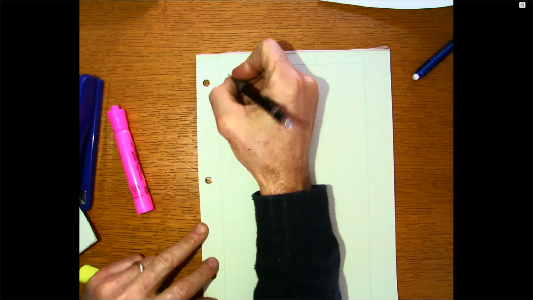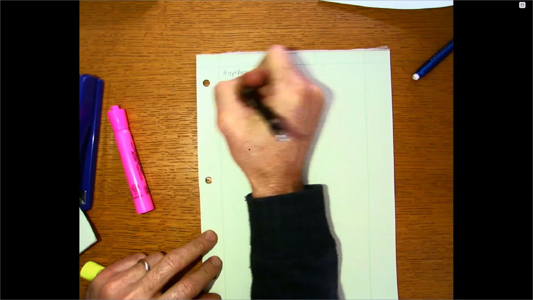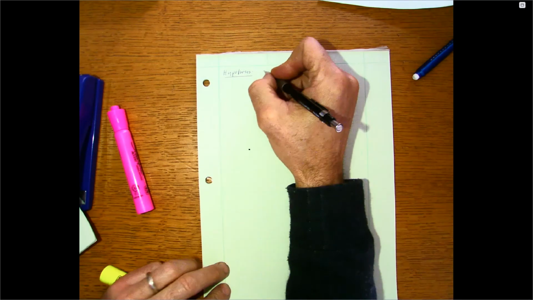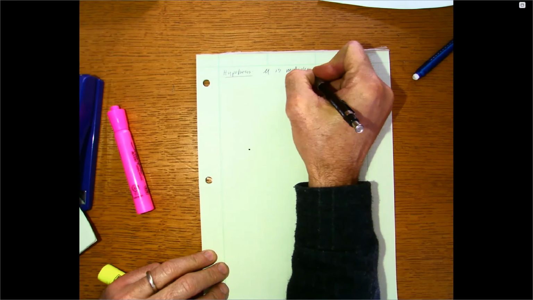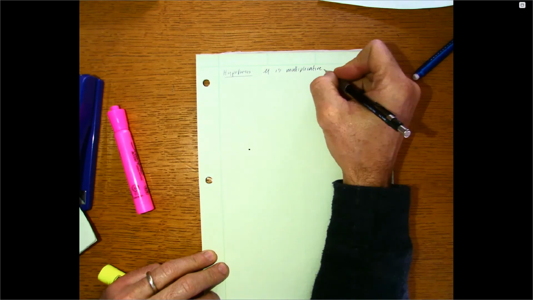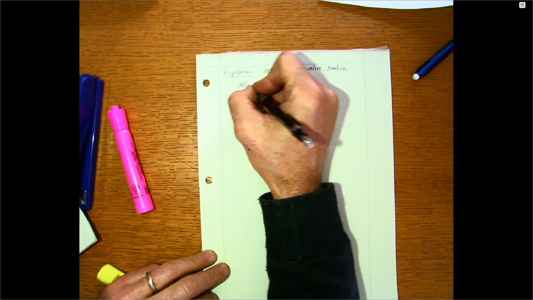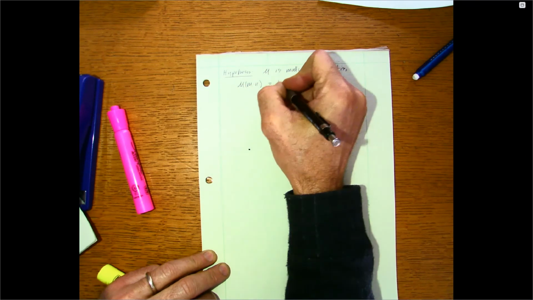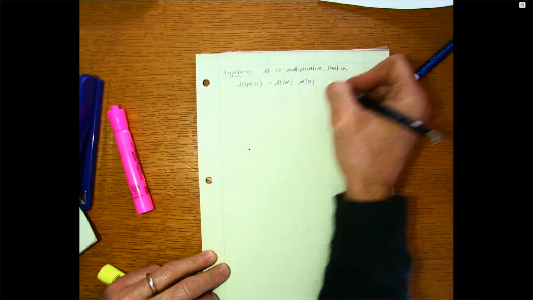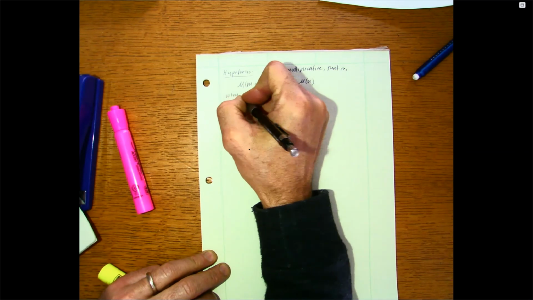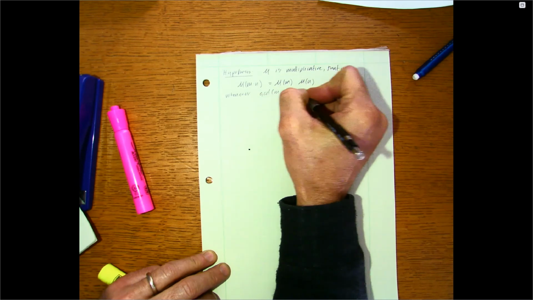Our hypothesis is that mu is multiplicative. That is, mu of m times n is equal to mu of m times mu of n whenever the GCD of m and n is equal to 1, right?